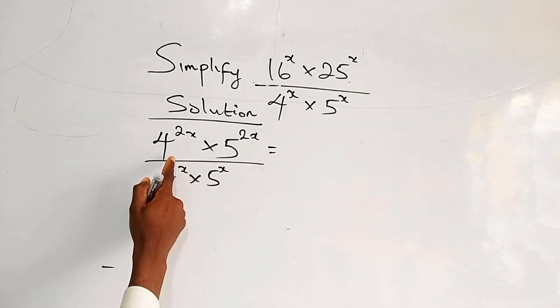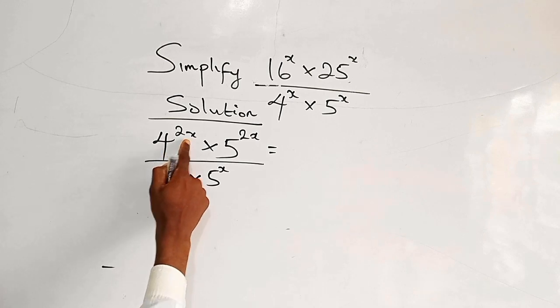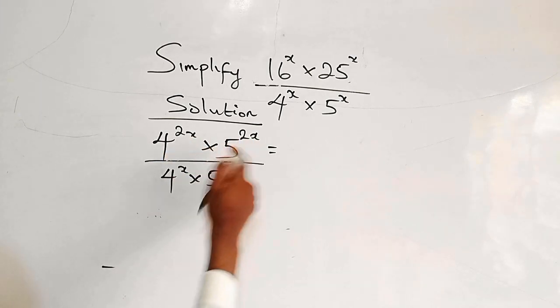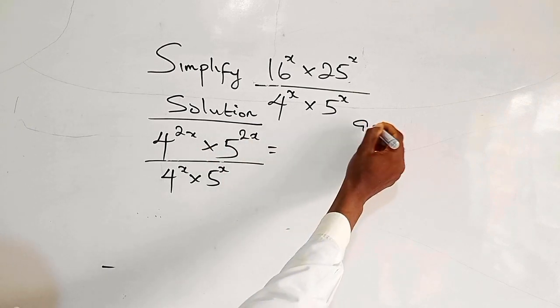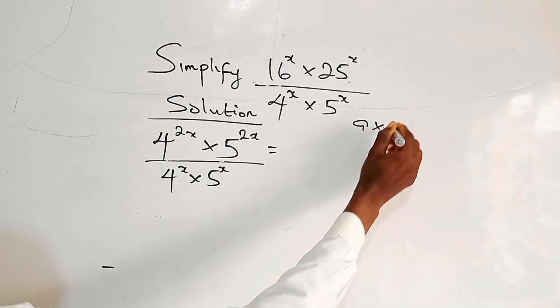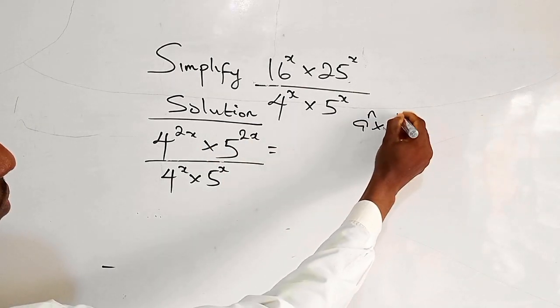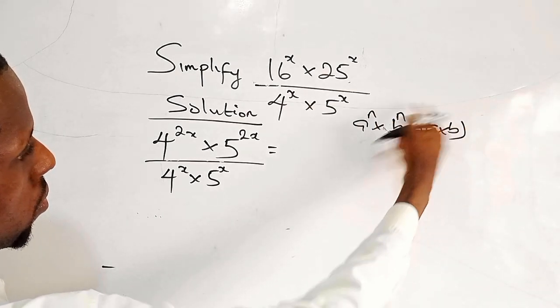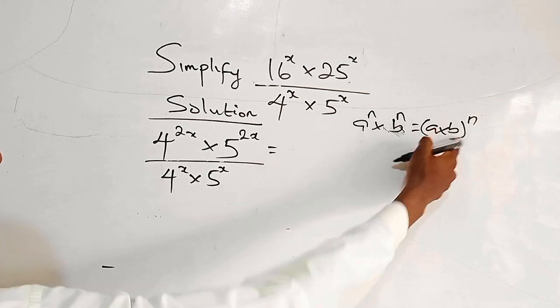From here, I have the same exponent but different base. Do not forget one of the laws of indices that says when you are multiplying different bases with the same exponent, multiply the two bases and represent one of the index.